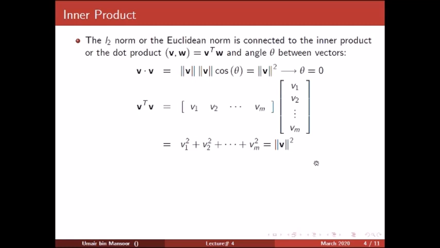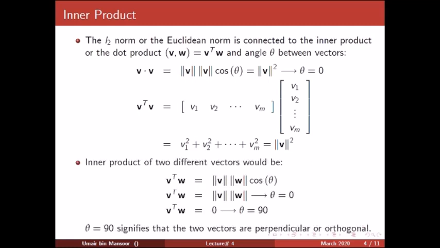So let's look at the inner product of two different vectors. As we have seen, the inner product is actually the dot product.